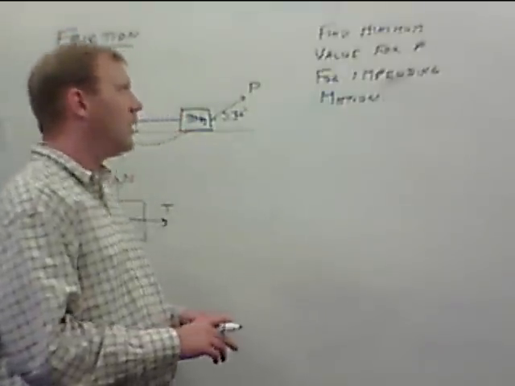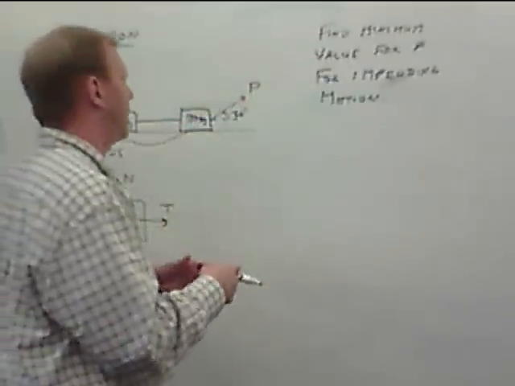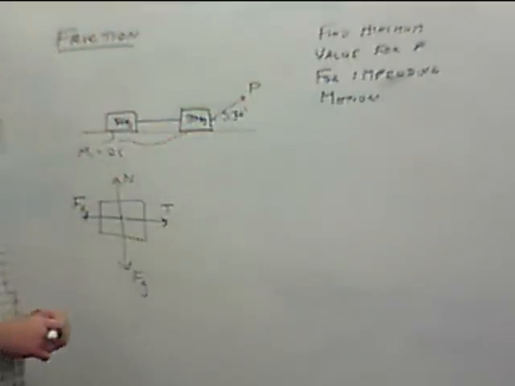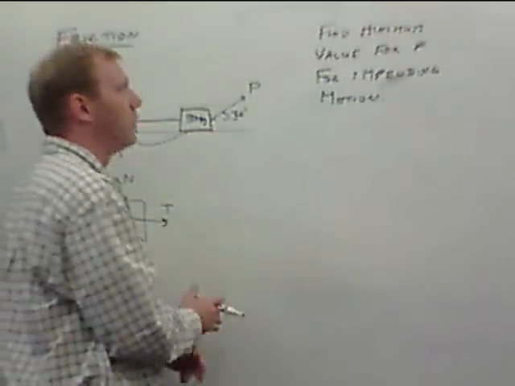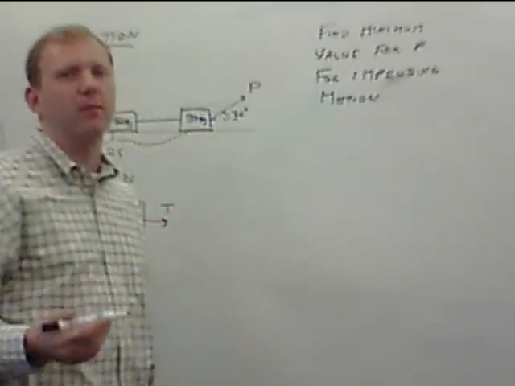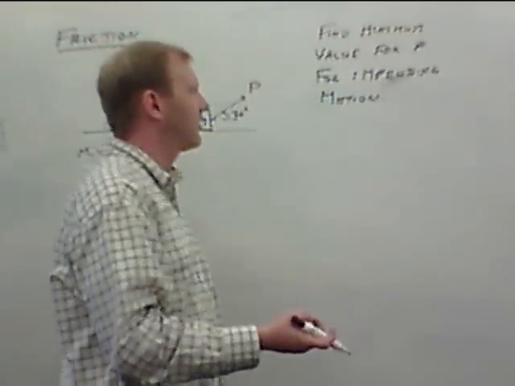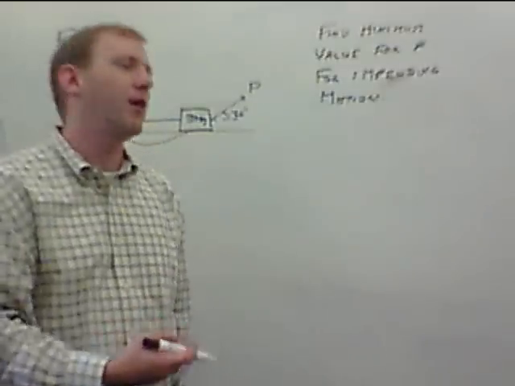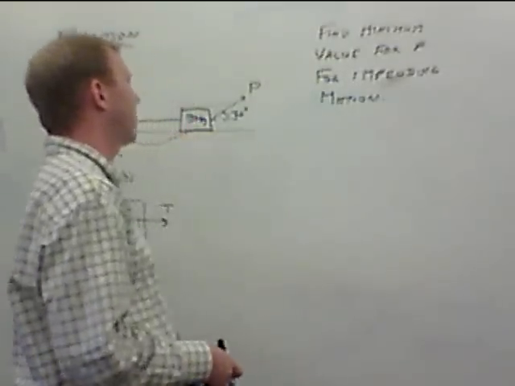Impending motion means we take P just up to where it just equals the maximum value of friction. So friction has to act at its maximum value to keep it from moving. That's what we mean by impending motion: we're pulling as hard as we can without causing motion. If we pull with just some infinitesimal amount more, we're going to break loose, it's going to start moving, and it's no longer a static problem.